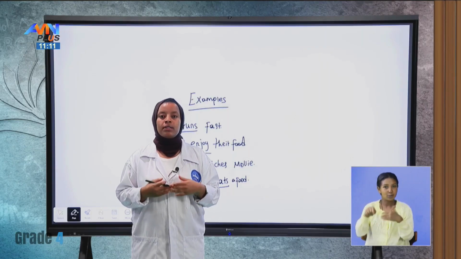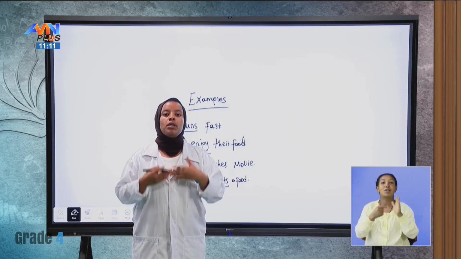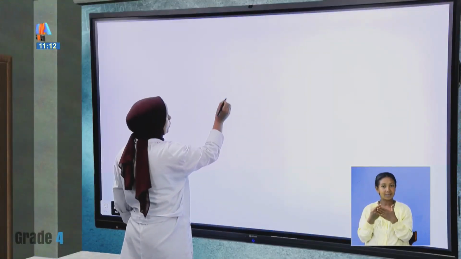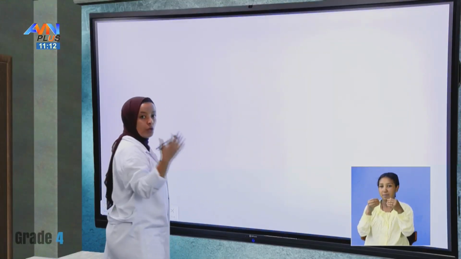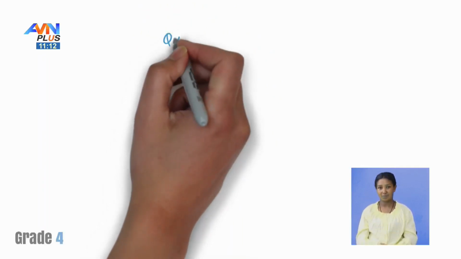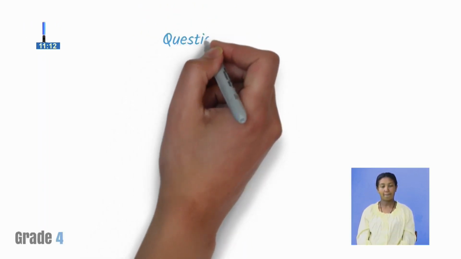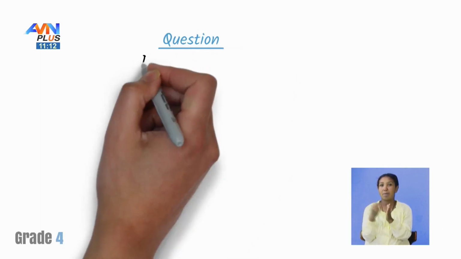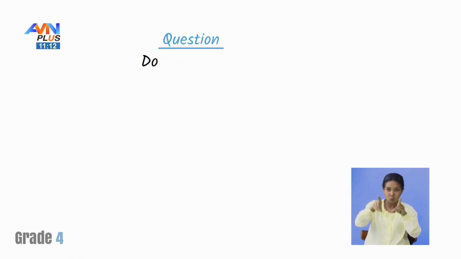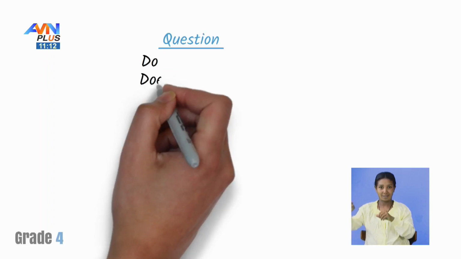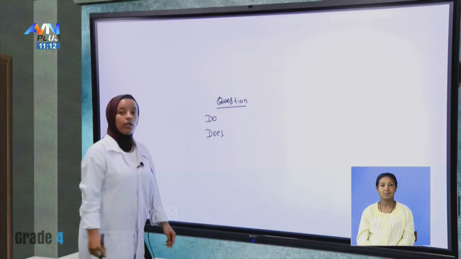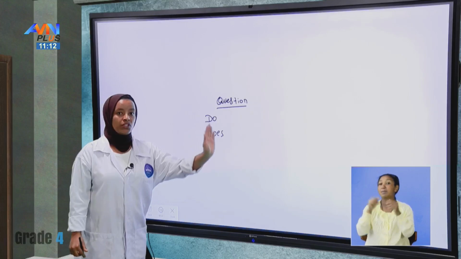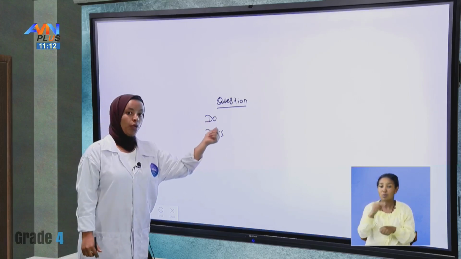So students, let us keep going and let me show you some grammar rules also. We can make simple present tense into a question. Here is the rule by using do and does. We can ask a question in simple present tense by using do and does.